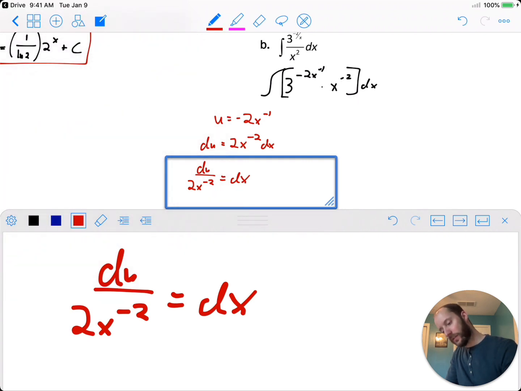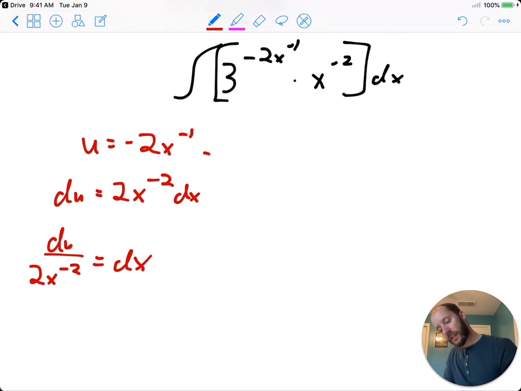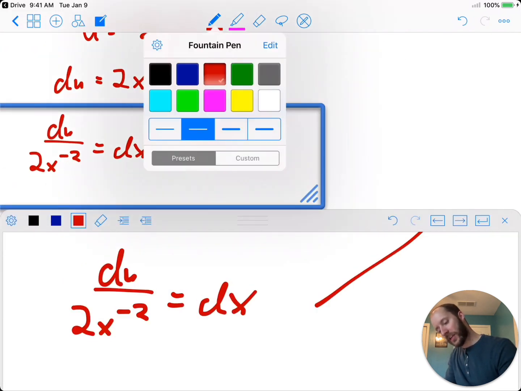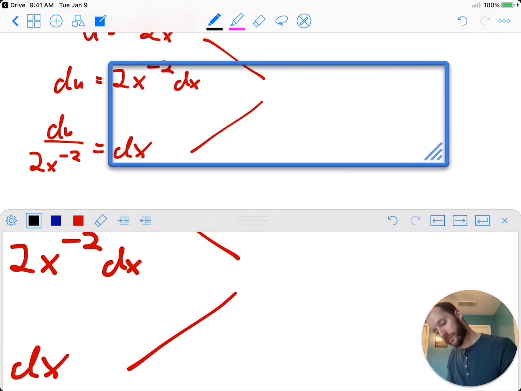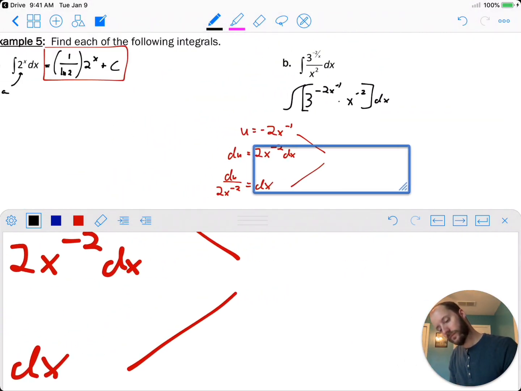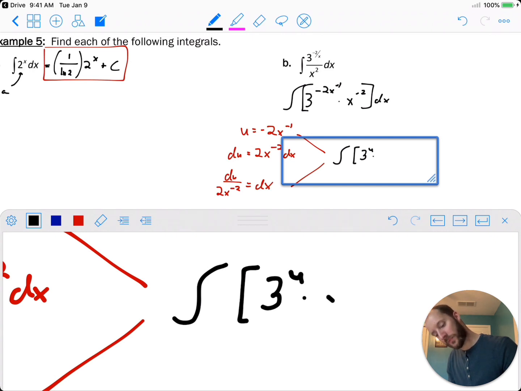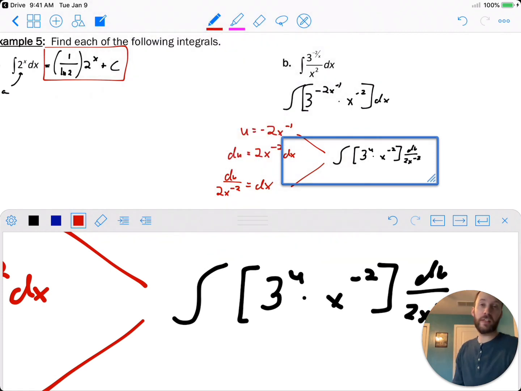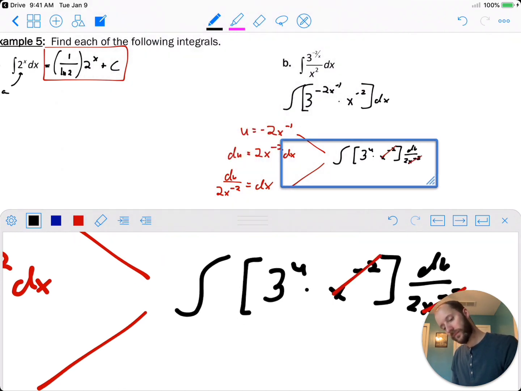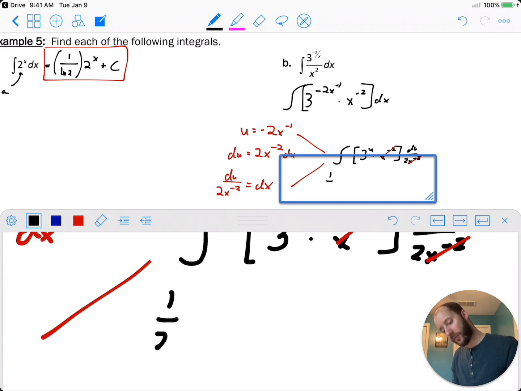Good deal. Okay. So the u and the dx make your new integral. So the integral of 3 to the u times x to the negative 2 du over 2x to the negative 2. The x to the negative 2 powers cancel out. Could pull the 1/2 on the front.